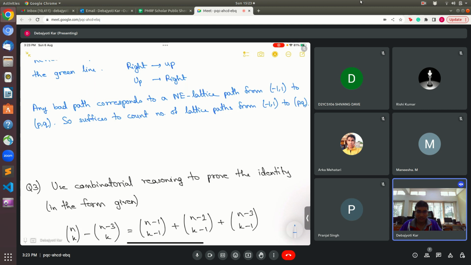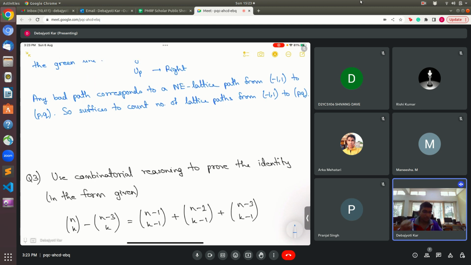And this again is easy. So in order to go from -1, 1 to P, Q, what is the number of right steps we need to take? It should be P plus 1. And what is the number of up steps? This is Q minus 1.